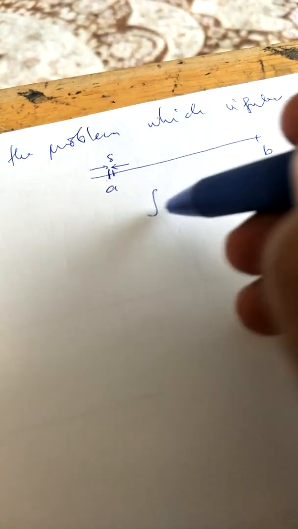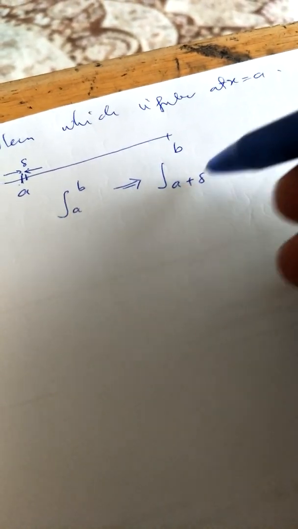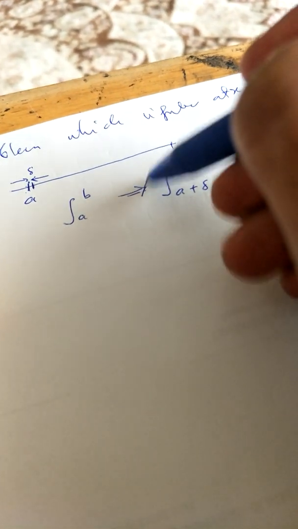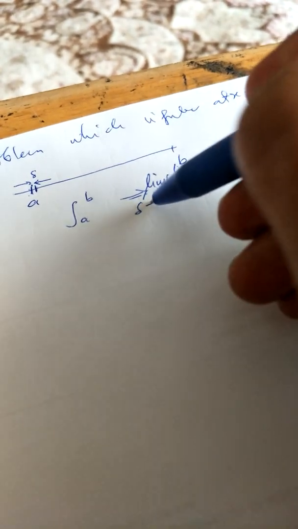Instead of integrating from a to b, we now integrate from a plus delta, which removes that little bit, to b, and then we take the limit as delta goes to 0. Everything inside is just the same. Okay, that's what we're going to do.